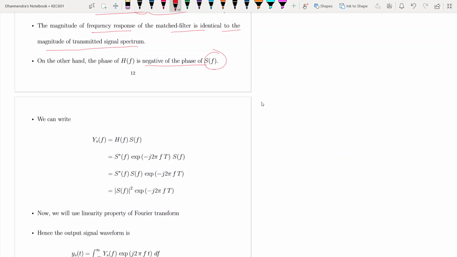We apply the linearity property, because your received signal will be the sum of two signals, S of t plus n of t. I will analyze them individually. Assume that the noise is absent. So what is the response at the output of this matched filter corresponding to S of f?